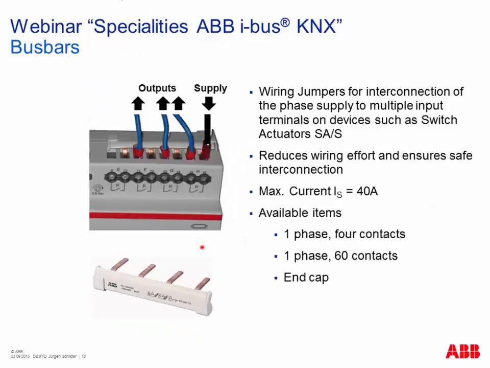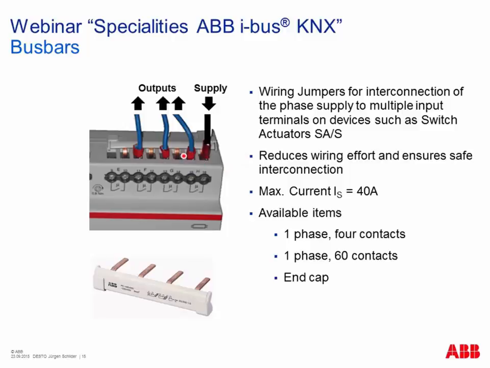And another gimmick, let's say, or accessory here, these bus bars. You might know this from connecting different circuit breakers with the same phase with each other. For example, you have a switch actuator with some channels next to each other, the connection terminals here, and you would link the same supply phase to all these, in this case, 4 relays.